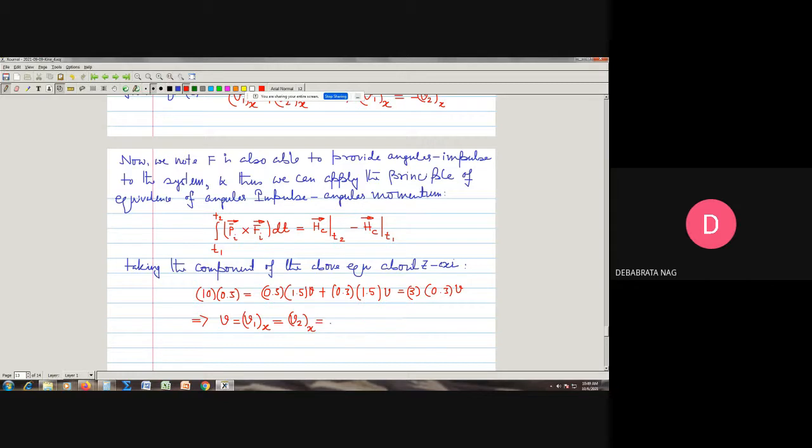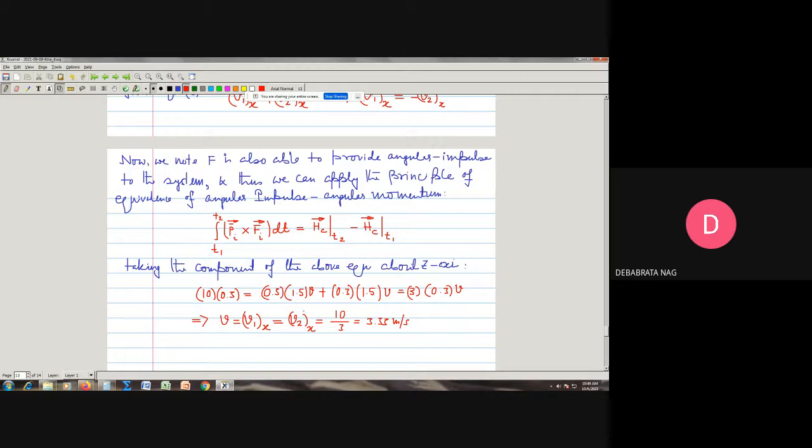So both will be the same, and that will be equal to 10 by 3. That means again it will be 3.33 meter per second. So this will be therefore the two velocity components of the spheres.